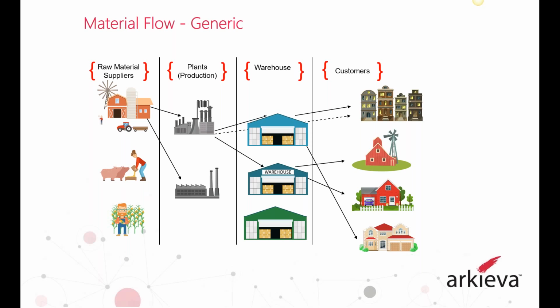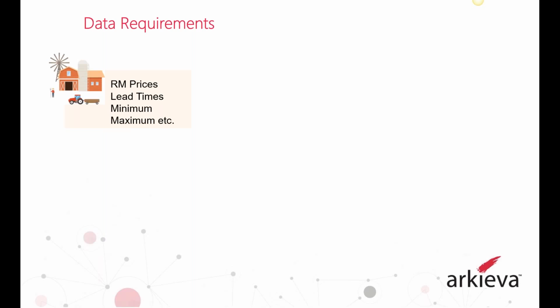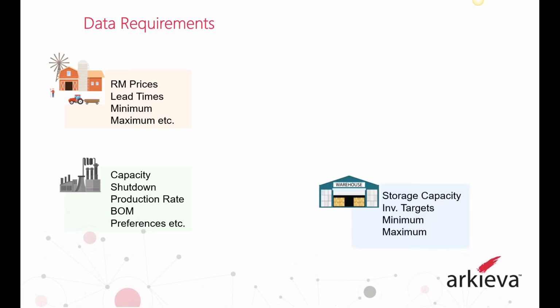At each stage of this network, there is a very intensive data requirement when it comes to supply planning. Raw material suppliers might need to tell us the prices, the minimums that they can supply, the maximums that they can supply. Plants might need to tell us things like capacity information, when will we shut down, what are the production rates, those types of things.